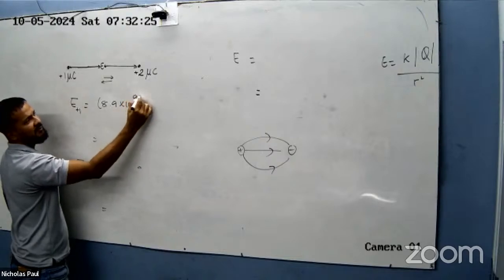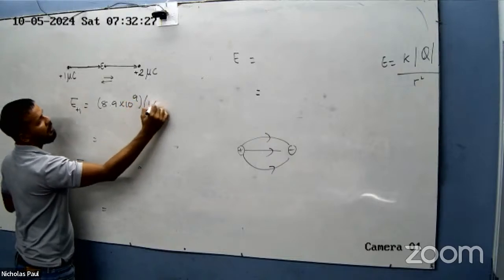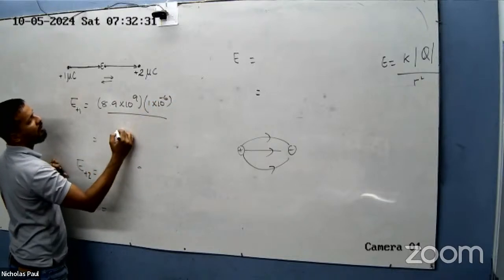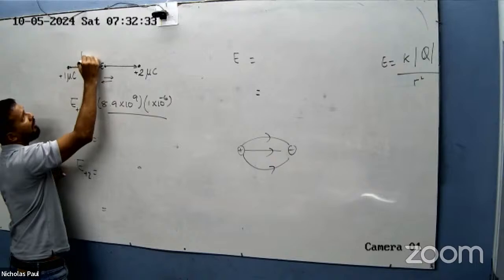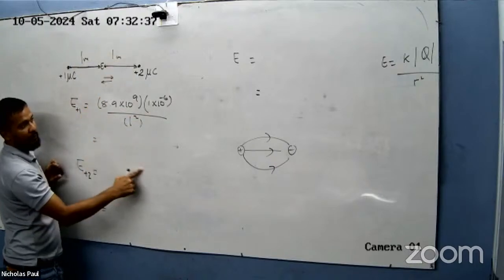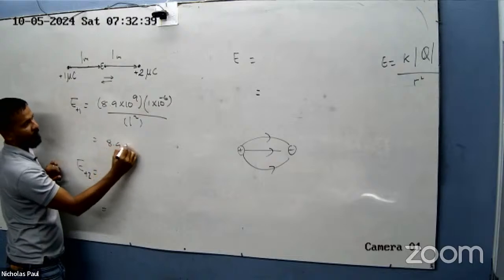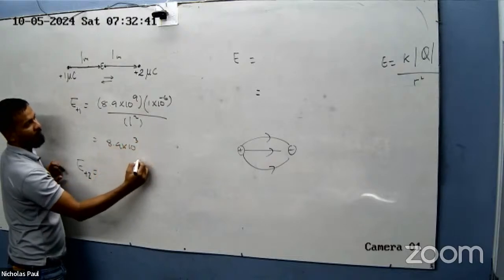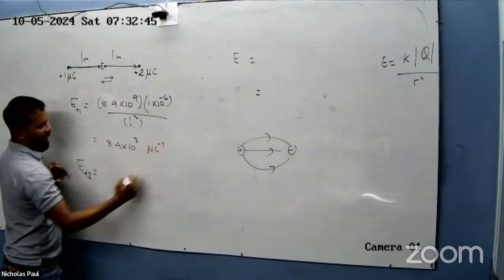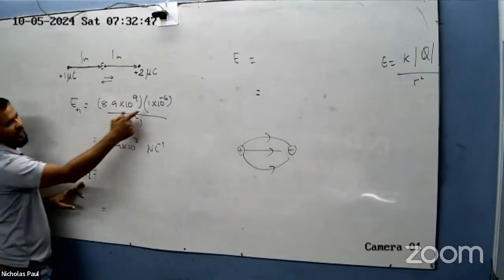8.9 by 10 to the 9 by how much is that? 8.9. Right, and when you work out this, that'll be twice that, right?